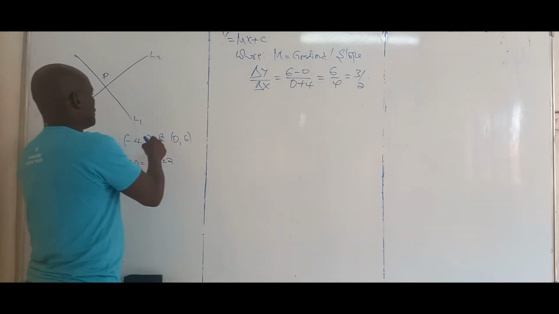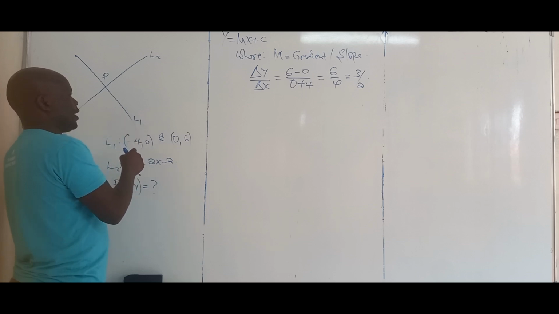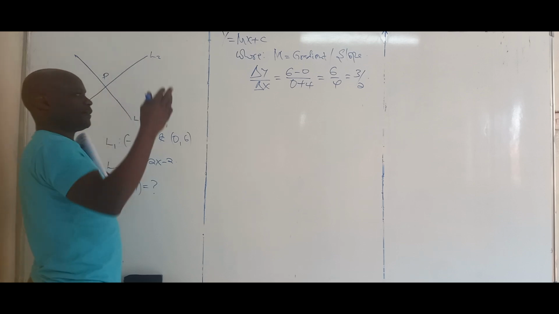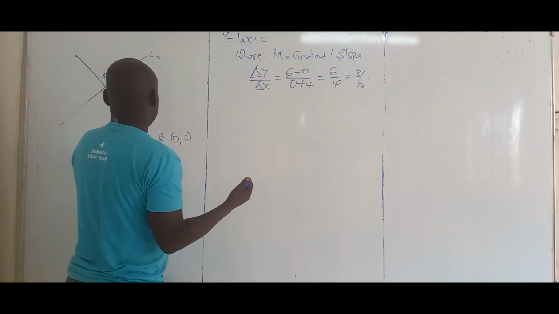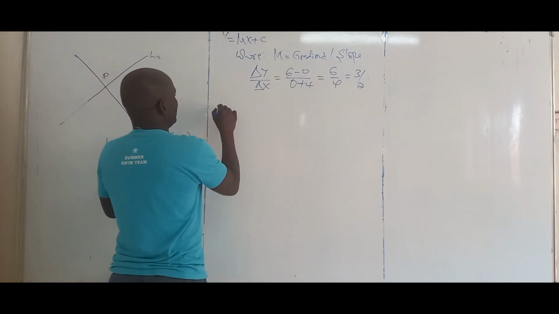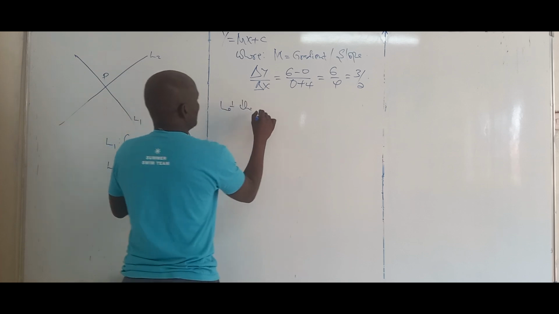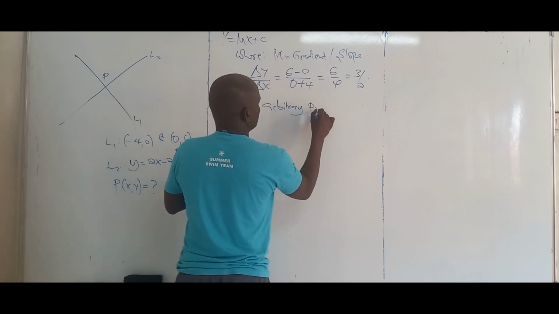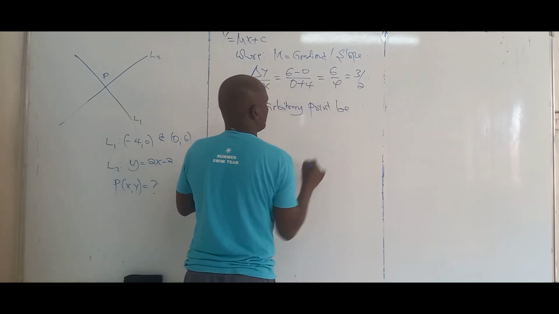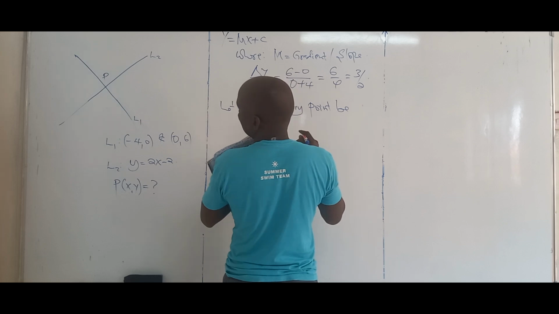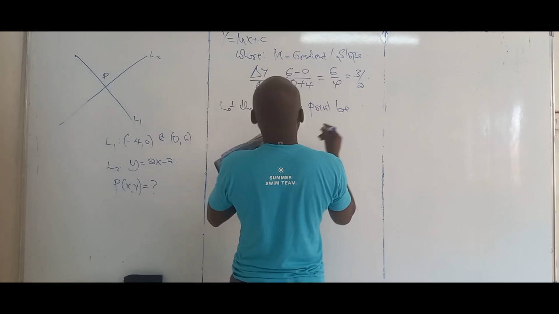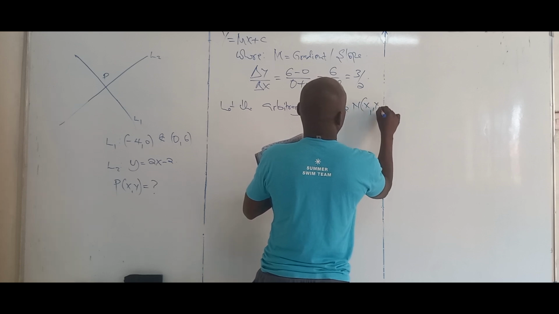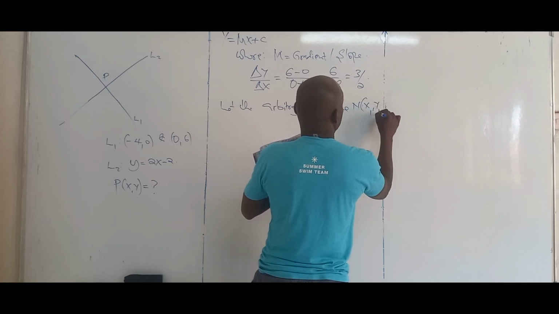I can define the equation of line 1 by picking an arbitrary point anywhere along the line whose coordinates I don't know. So let the arbitrary point be N, with coordinates x1, y1.